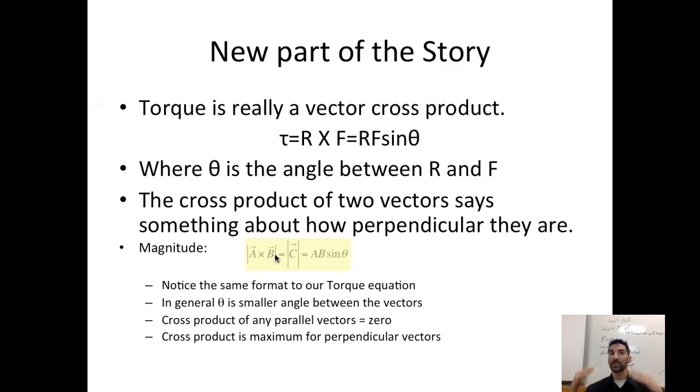We know the cross product just intuitively, again, anything parallel or at 0 degrees would have a cross product or torque of 0, and then our maximum product would be at 90 degrees, and again, that's because the sine of 90 is 1, the sine of 0 or the sine of 180 is going to be 0.